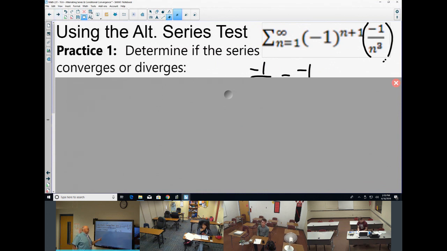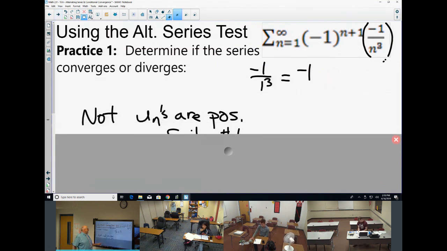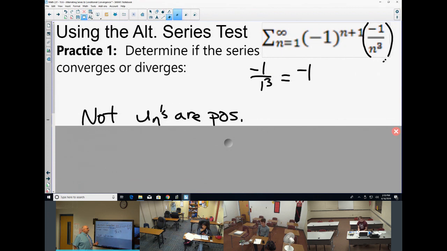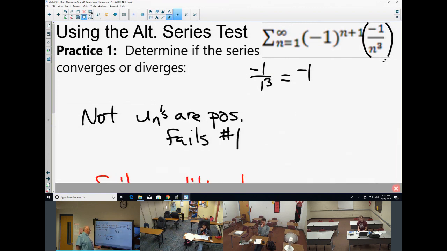Okay, let's see here. First of all, you notice it's an alternating series because it has the alternator. So when you cover that up and you look at this part, not all the u sub n's are positive. So it fails the test.